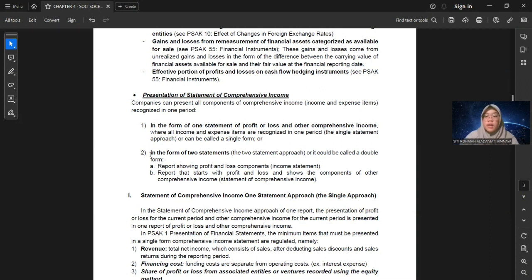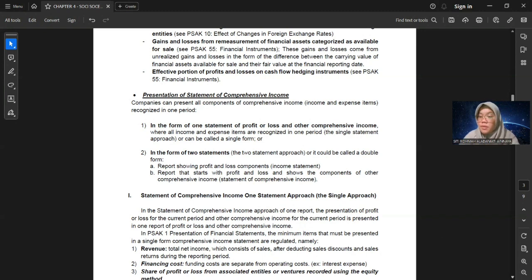The second form is in the form of two statements, the two-statement approach, or double form, which contains a report showing profit and loss components, and then a report that starts with profit and loss and shows the components of other comprehensive income, or statement of comprehensive income.